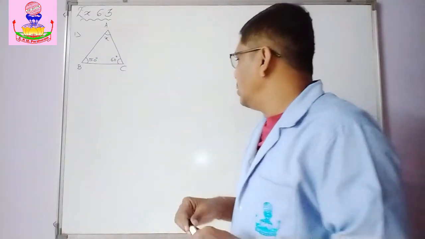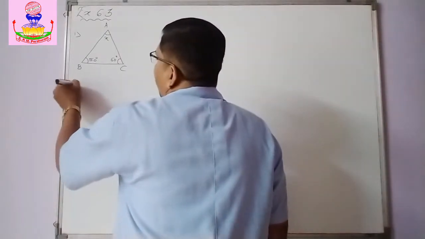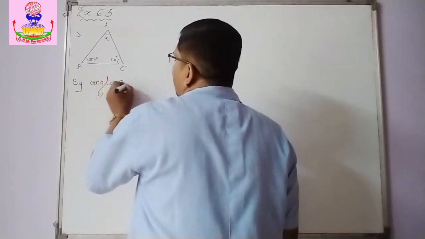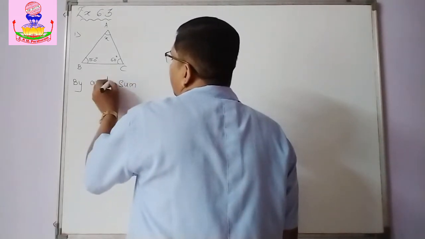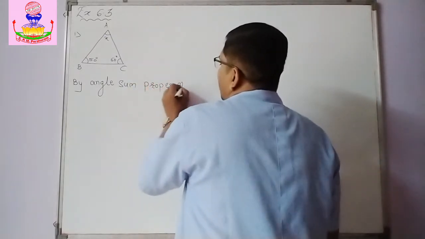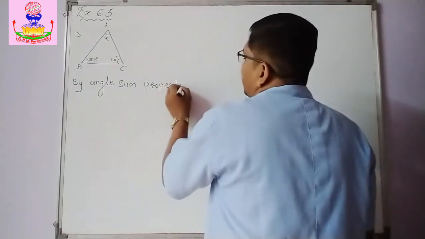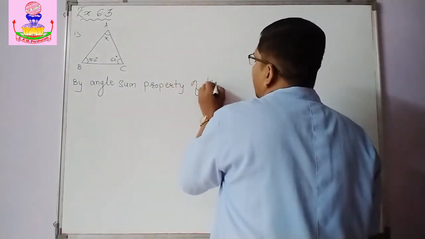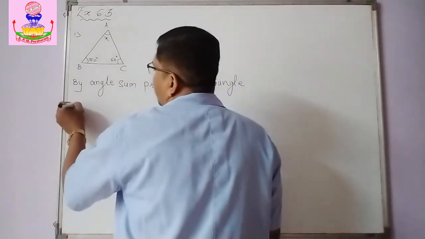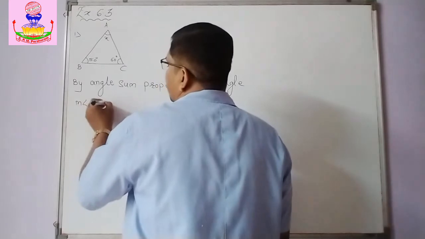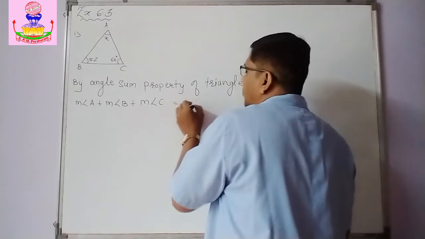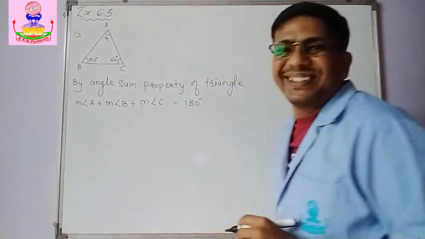Okay. So we know that by the angle sum property of triangle, measure angle A plus measure angle B plus measure angle C is equal to 180 degrees.